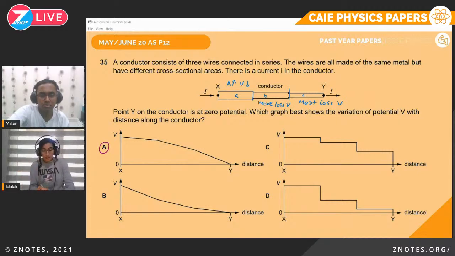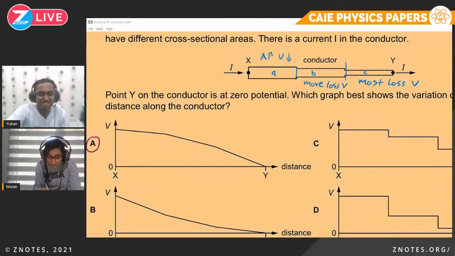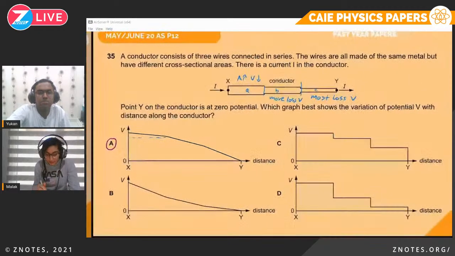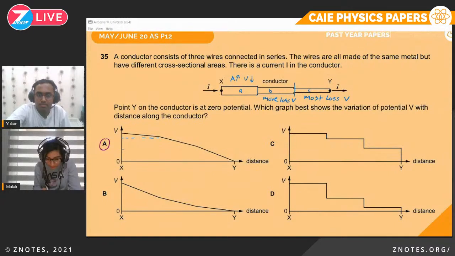So now we check the graph that we have. In here, we could see that this is a loss in area A. Then this is a loss in area B. This is a loss in area C. So as we can see, the loss is getting bigger.